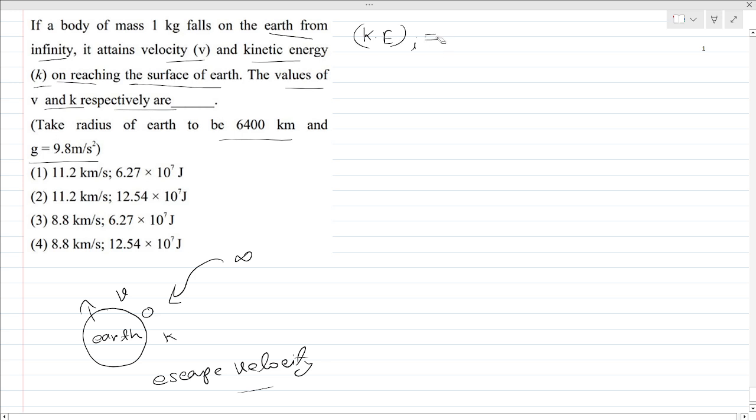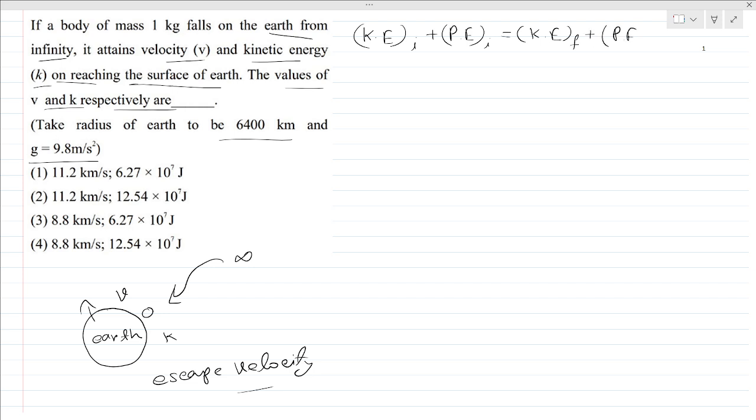So we can write the initial kinetic energy K.E. plus initial potential energy equals the final kinetic energy, that means after reaching the surface of the earth, plus the potential energy. We can write f as a suffix.